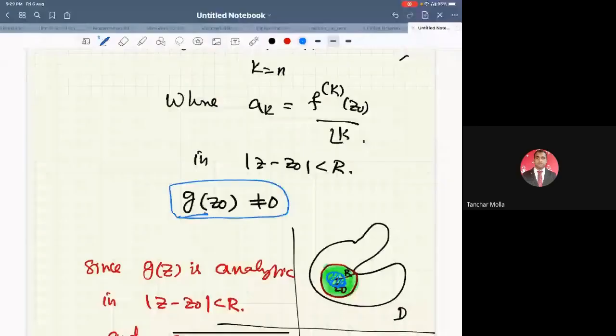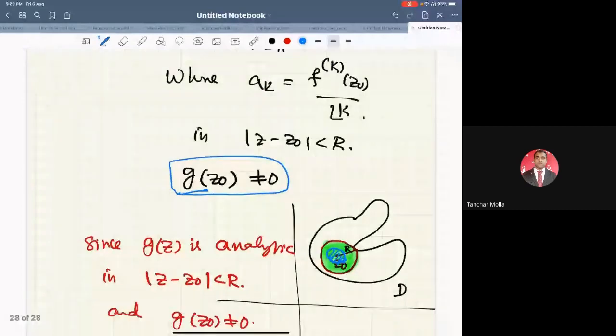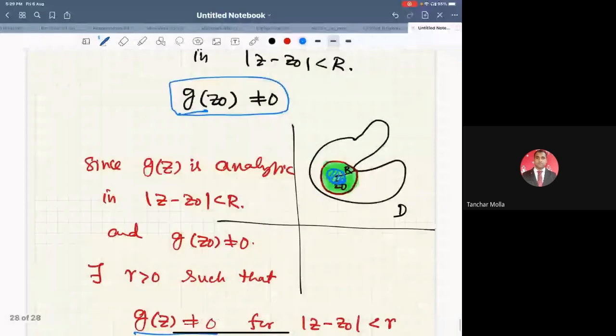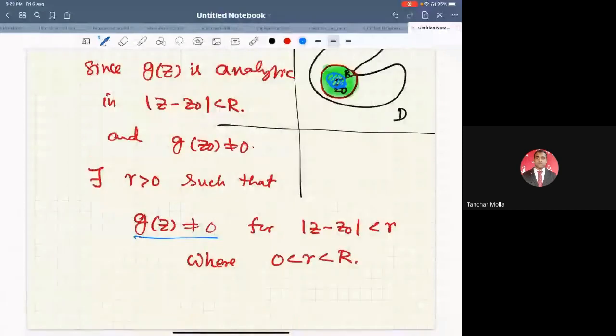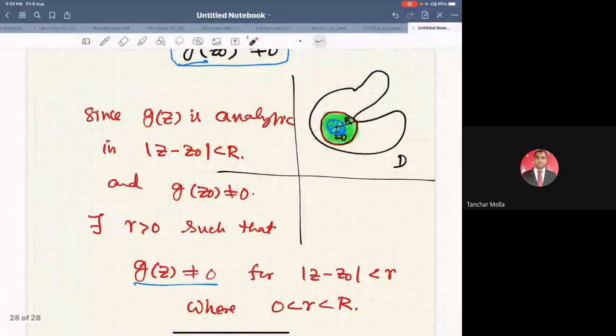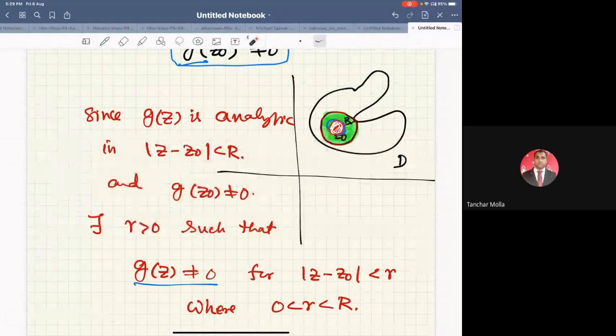Therefore, you can find a small neighborhood at which your g of z is non-vanishing, or non-zero. So what we have arrived at is a neighborhood of z naught in which my g of z is non-zero.